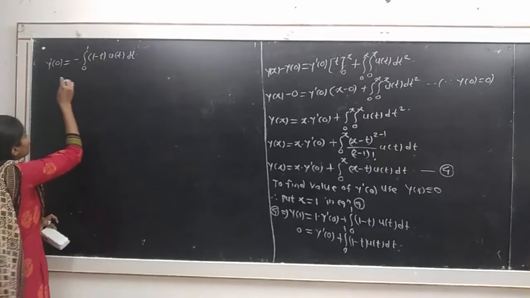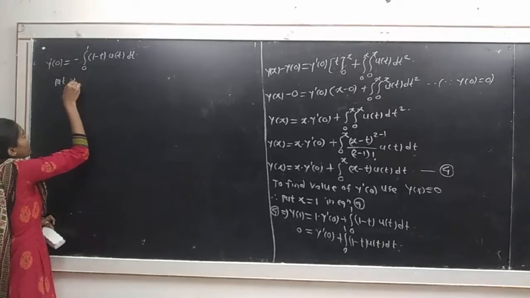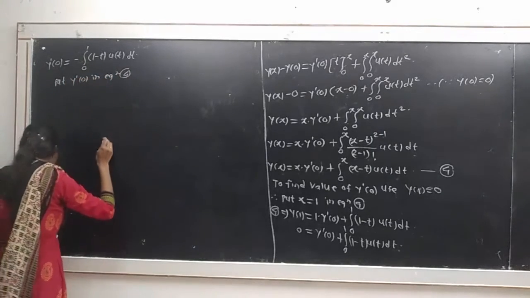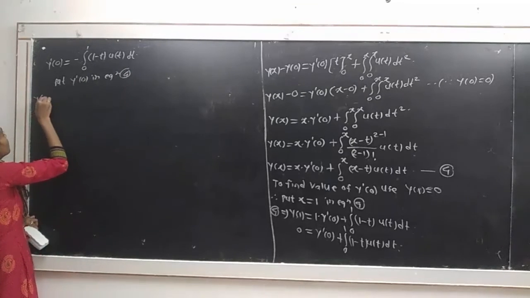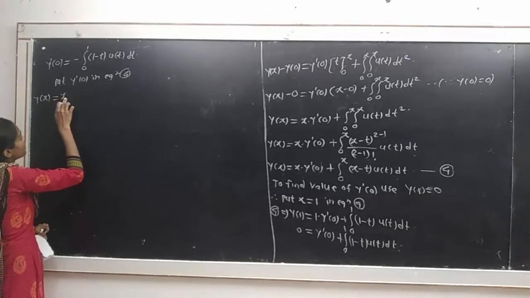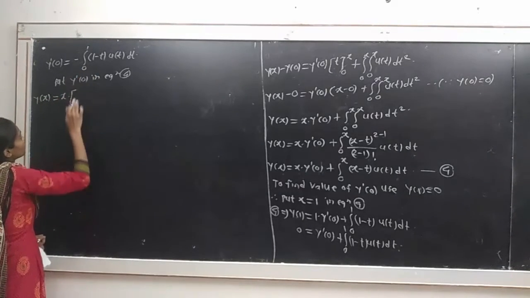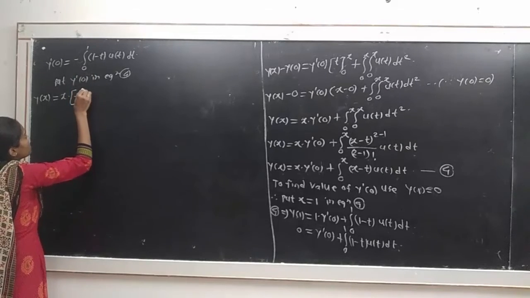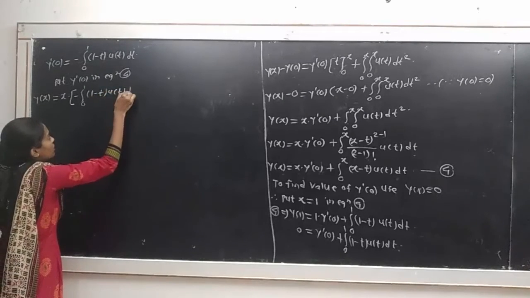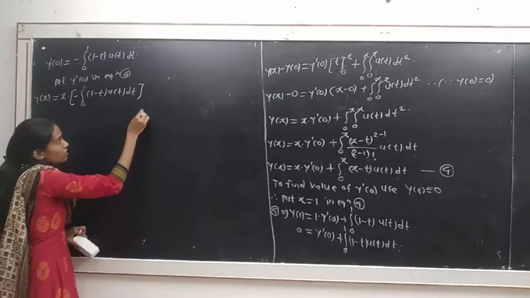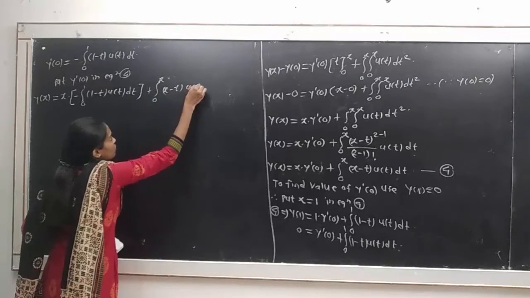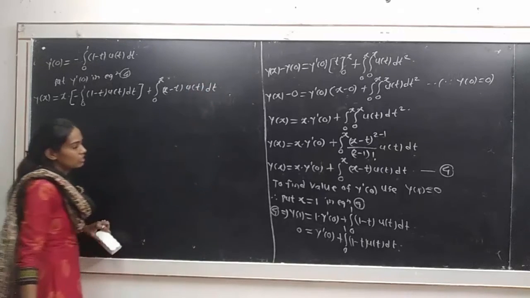Okay, then we put y dash of 0 in equation number 4. We get y of x is equal to x as it is, times the value of y dash of 0, which we write in bracket, that is minus integration from 0 to 1 of 1 minus t into u of t dt, then plus integration from 0 to x of x minus t into u of t dt.